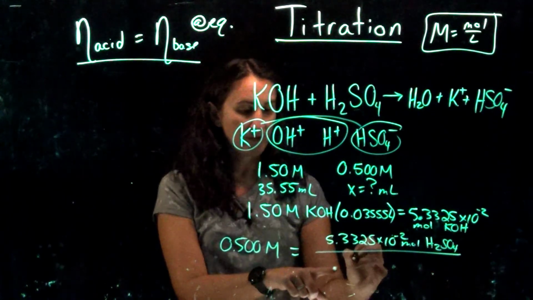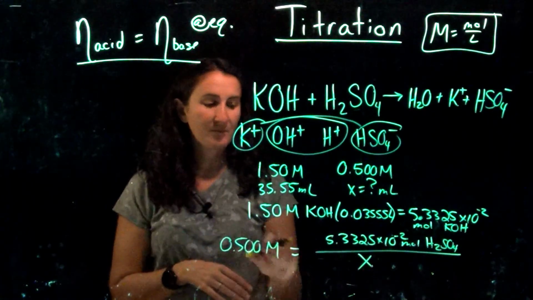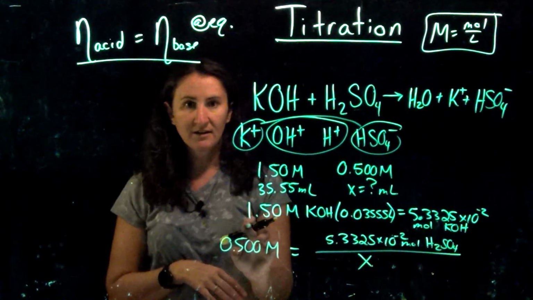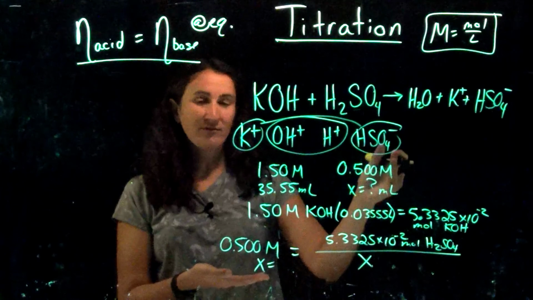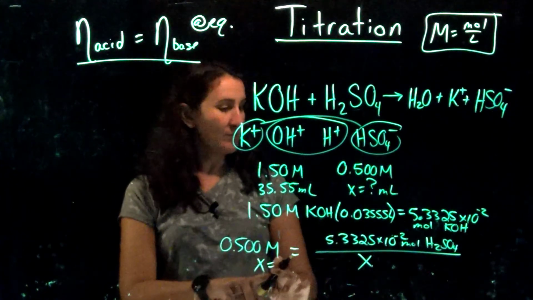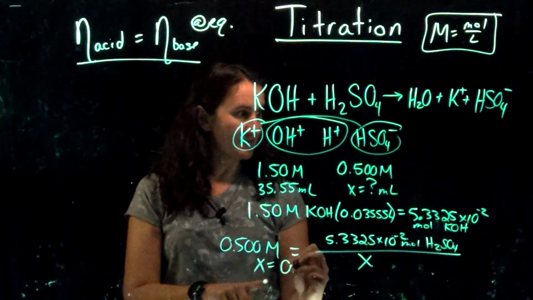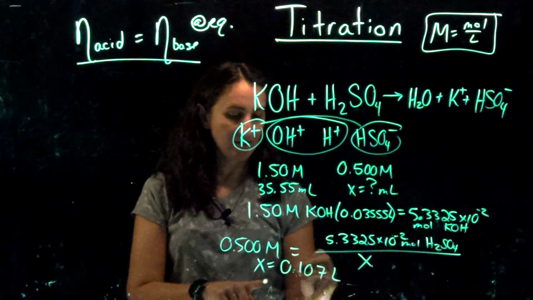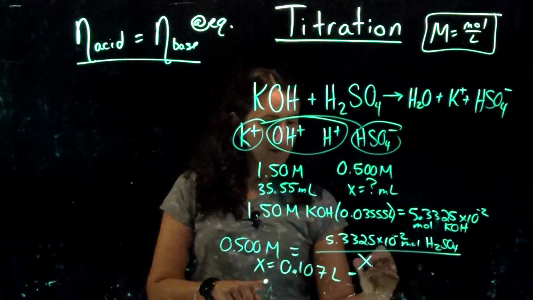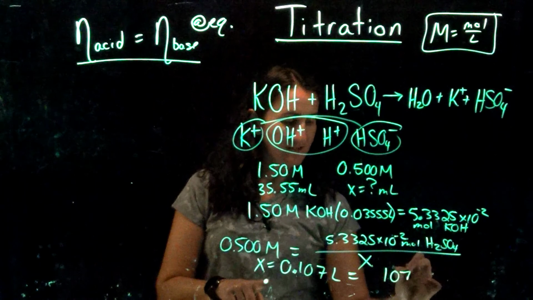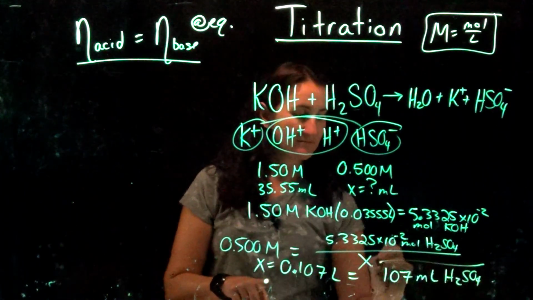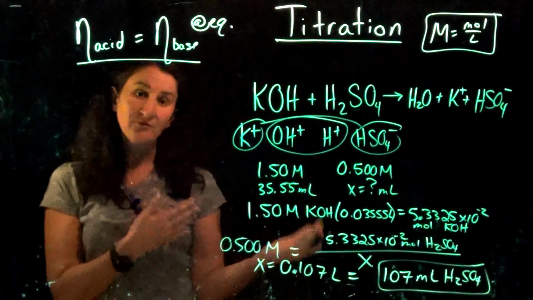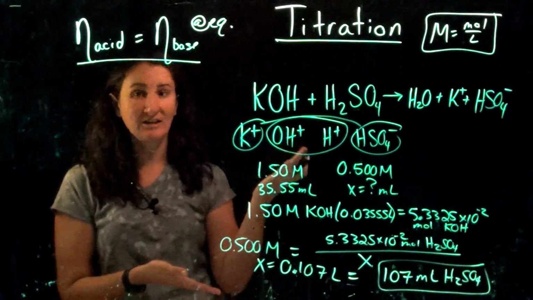We'll solve for X. Bring this molarity under, bring the X out here. You're able to solve for your volume of sulfuric acid. So what is it? Our final volume is 0.107 liters, or 107 milliliters of sulfuric acid. And that is our final answer for this titration problem.